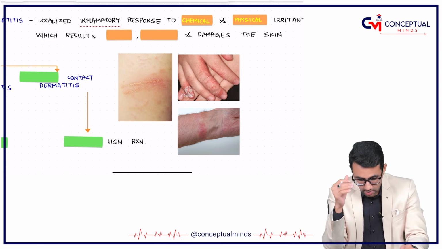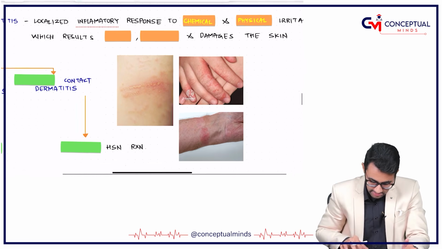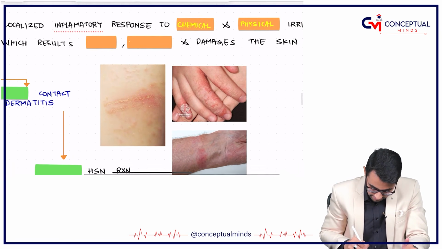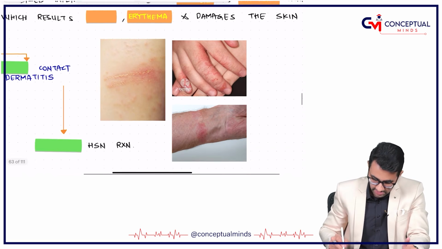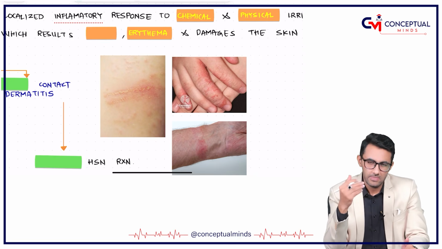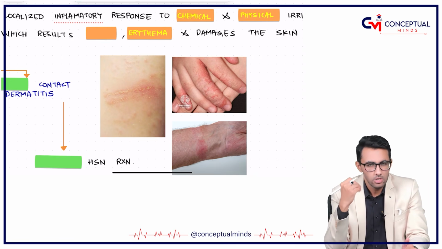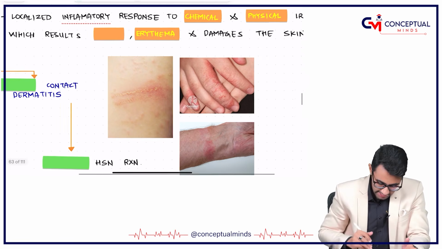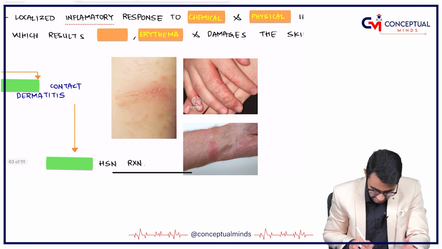Red, so erythema is going to be there. And whenever somebody has this sort of dermatitis, there's inflammation, so there's going to be edema, which results in edema and erythema.